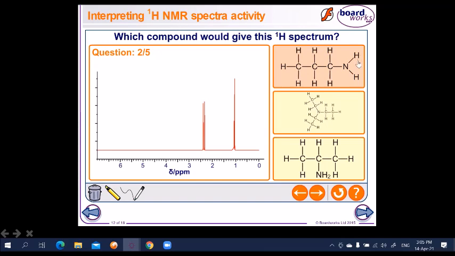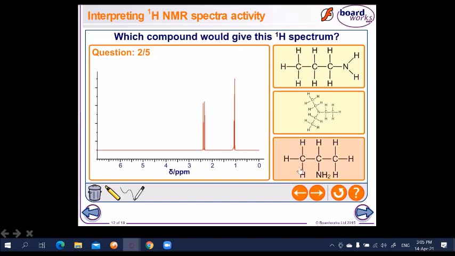And then these hydrogens on the end of this molecule at the amine group would be their own chemical environment as well. So there would be 4 distinct peaks, or chemical environments, here, and that's definitely not this one. Now we have to choose from these 2, and this could be very tricky. Let me look at the bottom one here first.